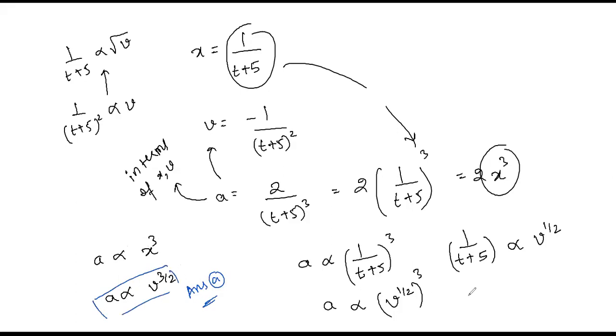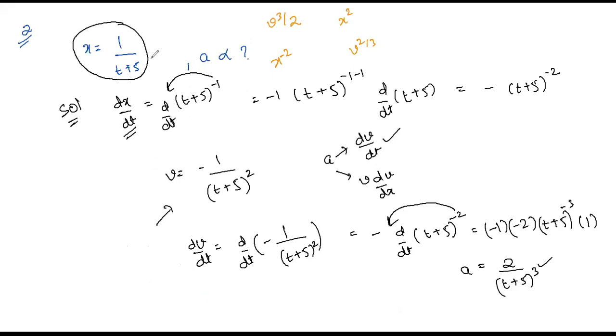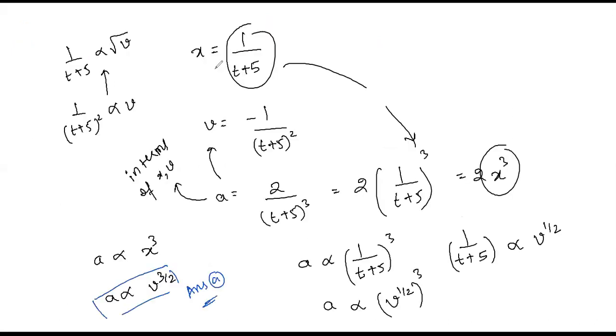I will quickly repeat what we did. All we did was simply differentiate the expression twice. We got velocity and acceleration. Then, once you have displacement, velocity and acceleration, try expressing acceleration in terms of displacement and velocity, right?